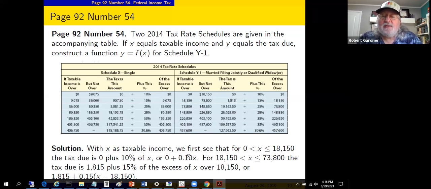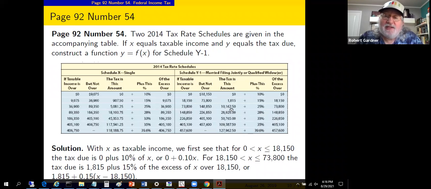Let's do another one while the chart's in front of us. So next we'd say, if X is strictly greater than this number and less than or equal to that number, then you'll pay this much plus 25% of X taxable income, which is at least this big. That's why you're looking at this bracket, minus that.